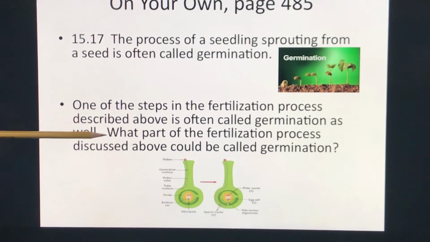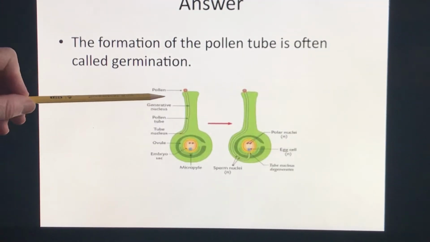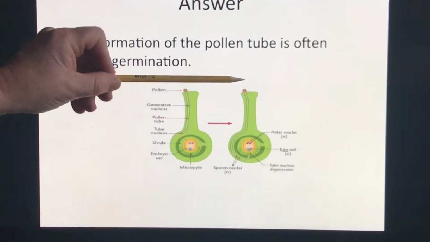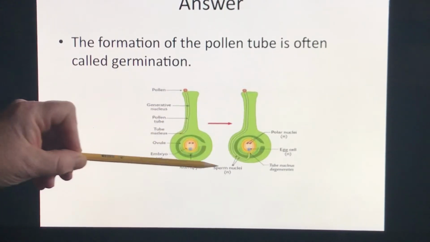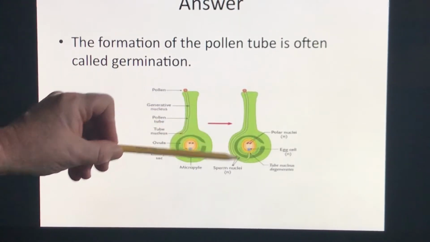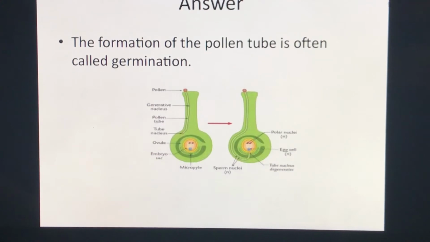What part of the fertilization process discussed could be called germination? So the answer to that would just be the formation of that pollen tube is also sometimes called germination, but it's a little bit confusing because they're definitely different parts of the process.